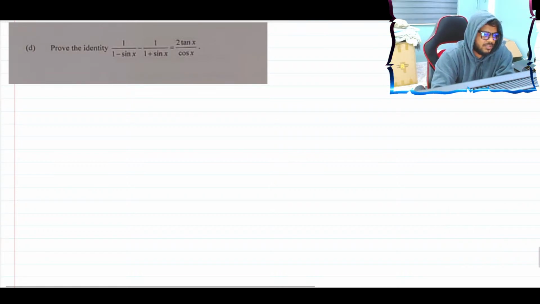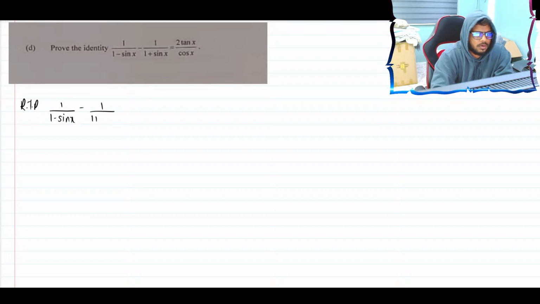All right. So we are required to prove that 1 over 1 minus sine x minus 1 over 1 plus sine x is 2 tan x over cos x, followed by proof. Naturally, we take the left-hand side.